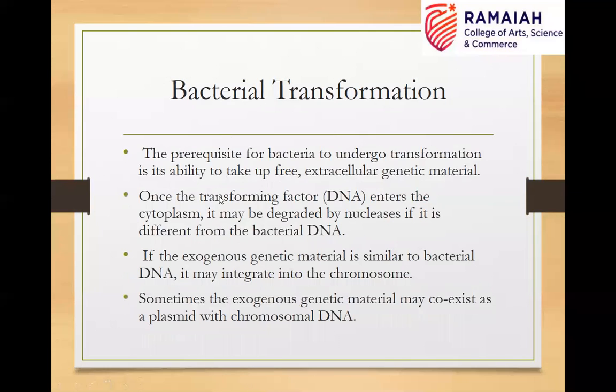Once this DNA enters the cytoplasm, it may get degraded by the activity of nuclease enzyme if it is different from the bacterial DNA. If the exogenous genetic material is similar to bacterial DNA, in that case what can happen? It may get integrated into the chromosome.